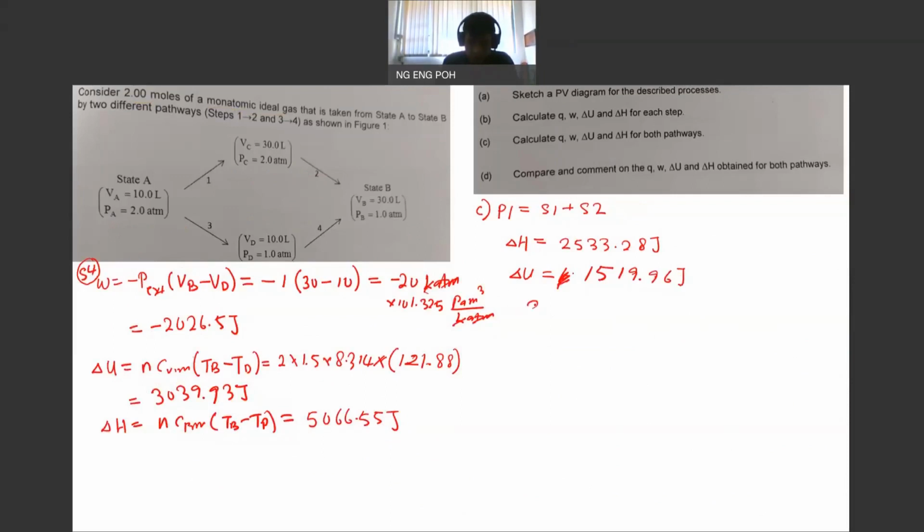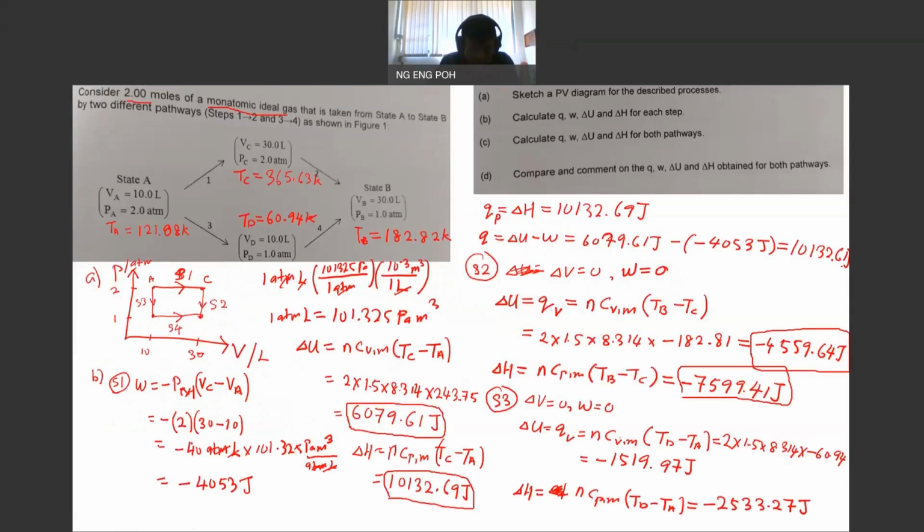And for Q, Q is 10132.69 plus Q of step 2, minus 4559.64.